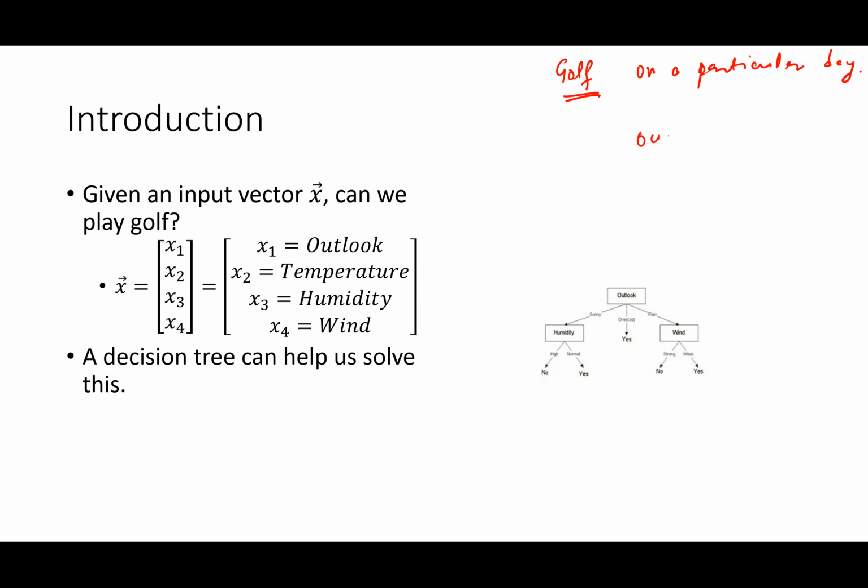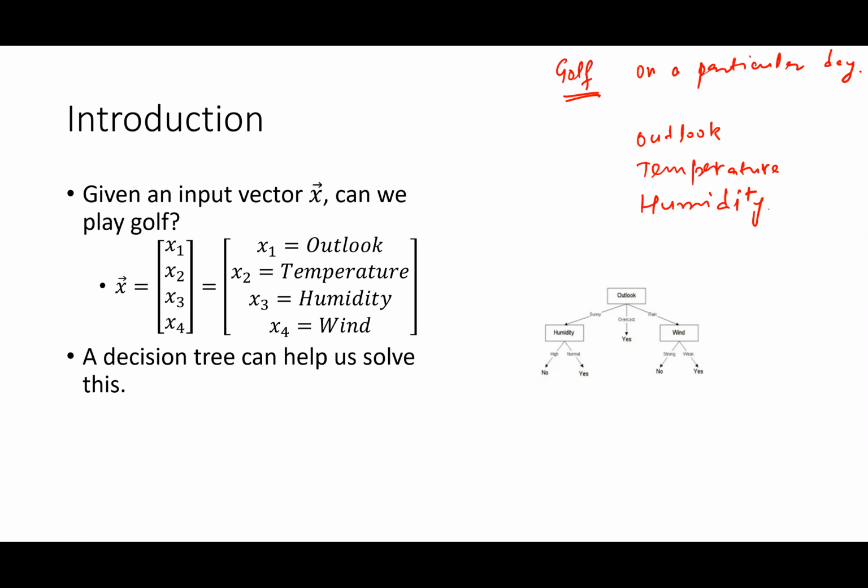We could look at the outlook, whether it is overcast, sunny or windy. We can also check the temperature. Maybe if the temperature is too high, we cannot play, or if the temperature is too low, we cannot play, but if the temperature is moderate, maybe yes, we can play. Similarly, humidity.